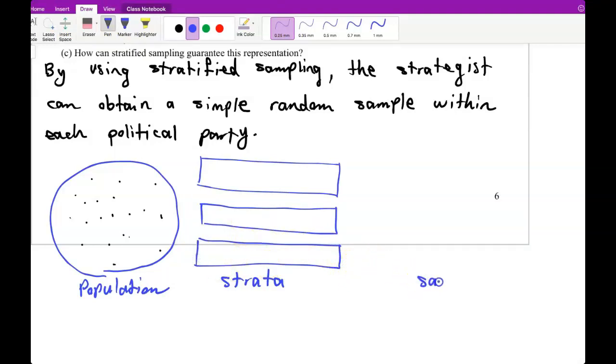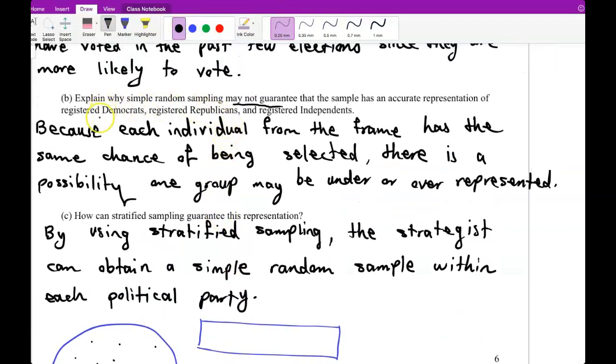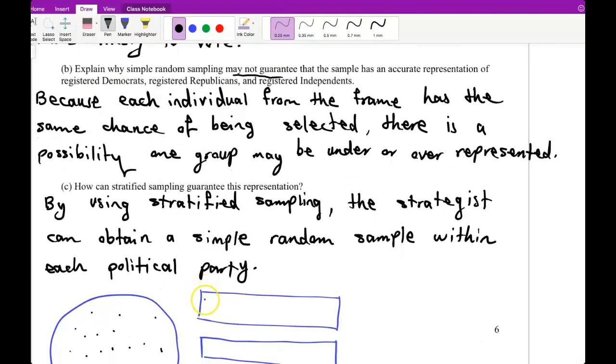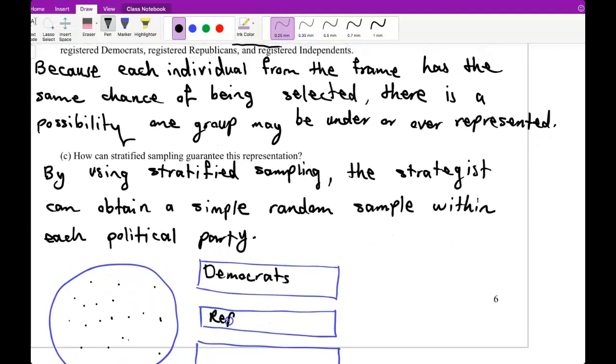And here is the sample. And our groups are Democrats, Republicans, and Independents.